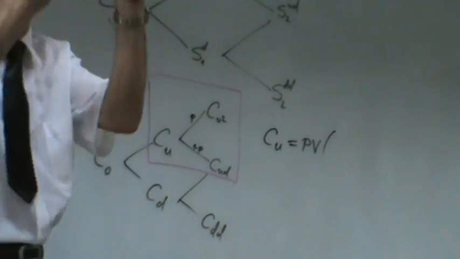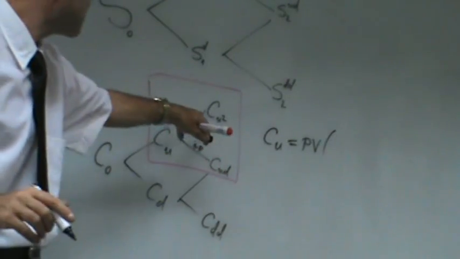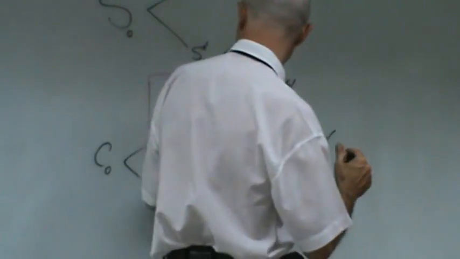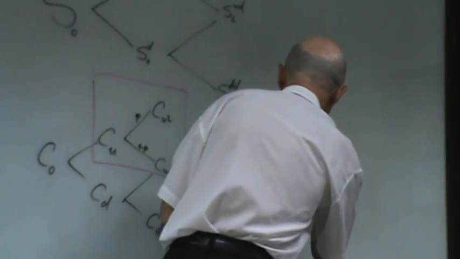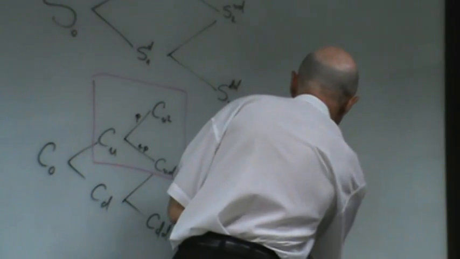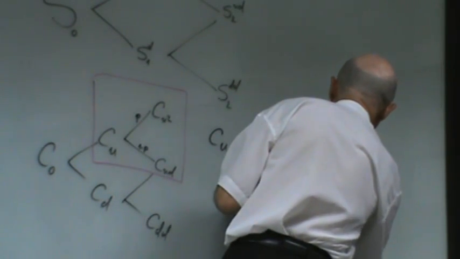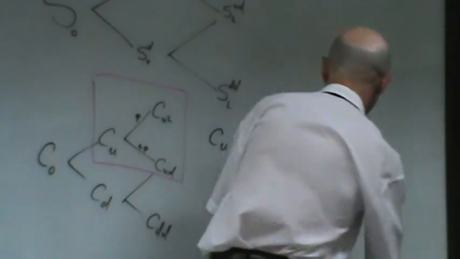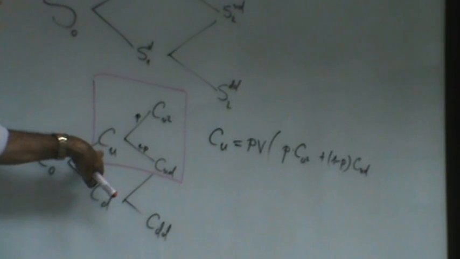You can do the discount, 1 over 1 plus R, okay? Present value of what? CU squared. First we say P times CU2 plus 1 minus P times CUD. All right, so we got the CU.